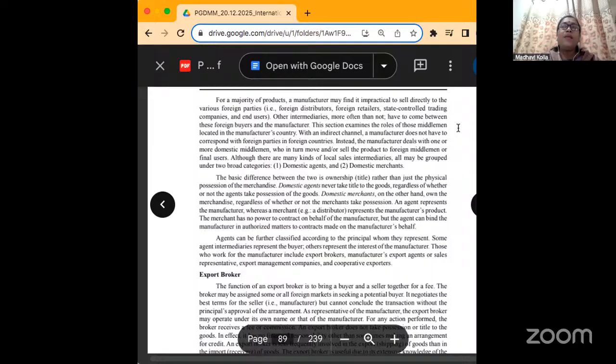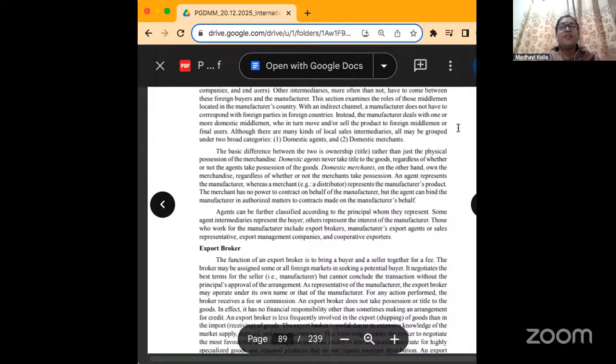Another important difference that we need to understand is that an agent represents the manufacturer, whereas a merchant, that is a distributor, represents the manufacturer's product. See the difference. So, an agent represents the manufacturer, whereas a domestic merchant represents the manufacturer's product. That is of very critical importance.